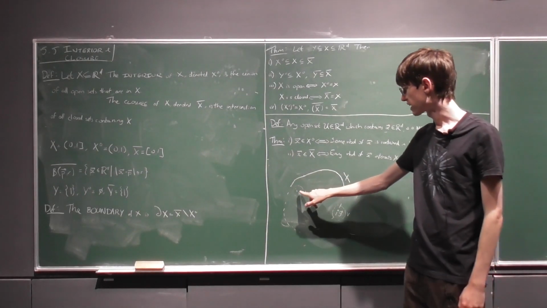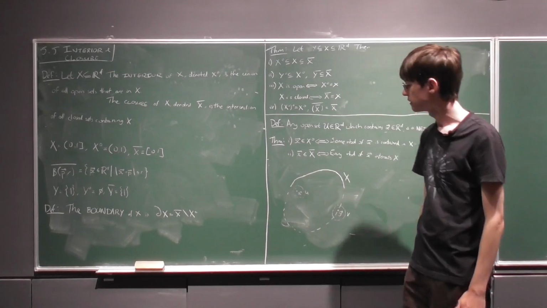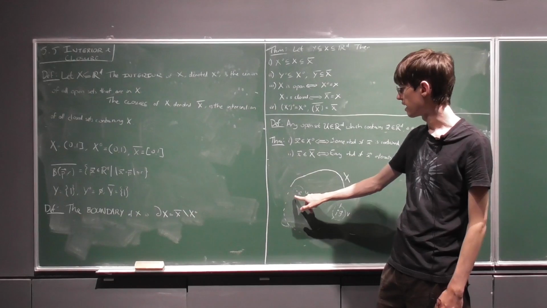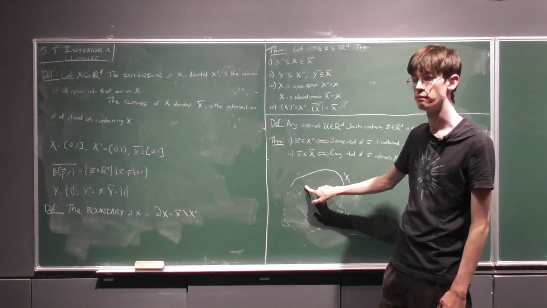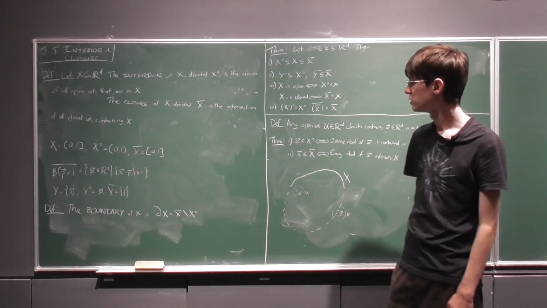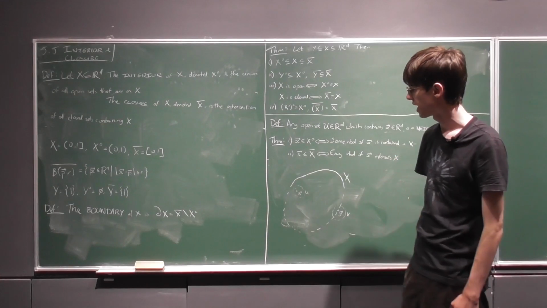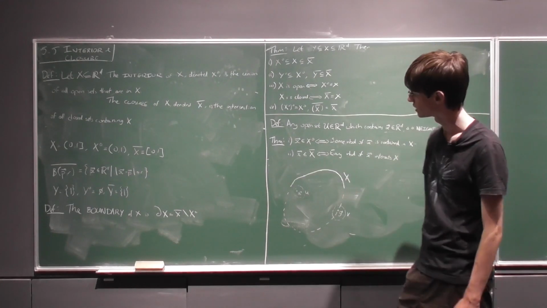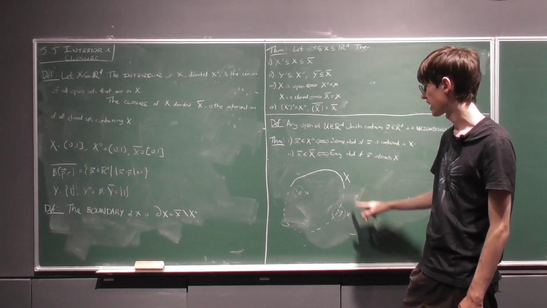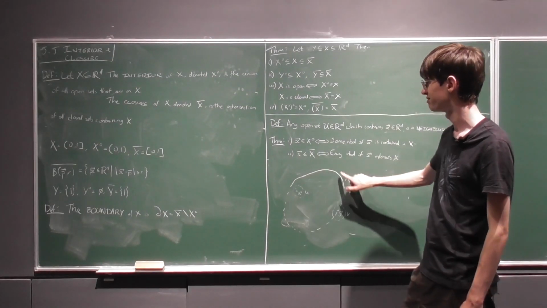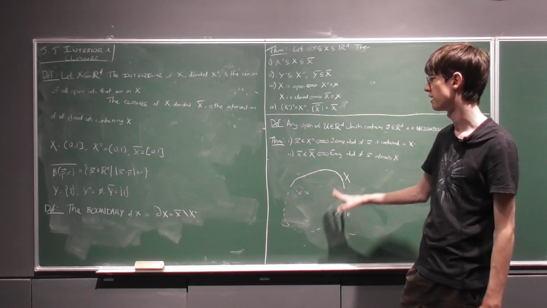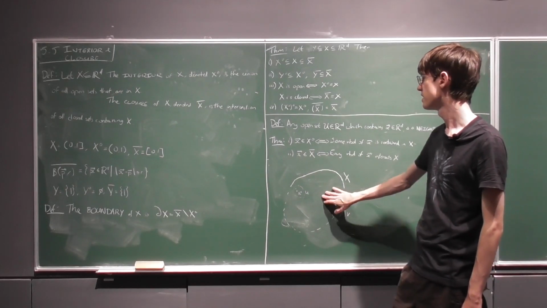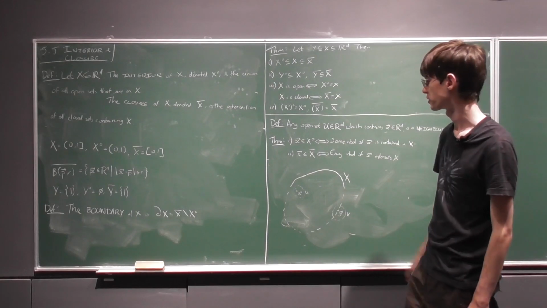So here we can see that x lies within the interior, and that means we can just take some open set U which contains x. It doesn't have to be a circle or a ball surrounding x. It could be some abstract shape as long as it contains x and U itself is entirely contained within this set X. And I've drawn X this way because it's neither open nor closed, so it would have a good notion of interior and closure.